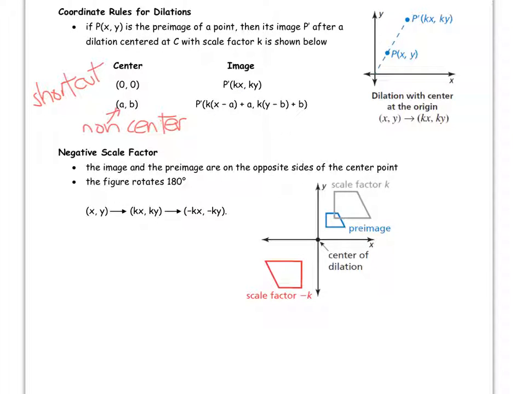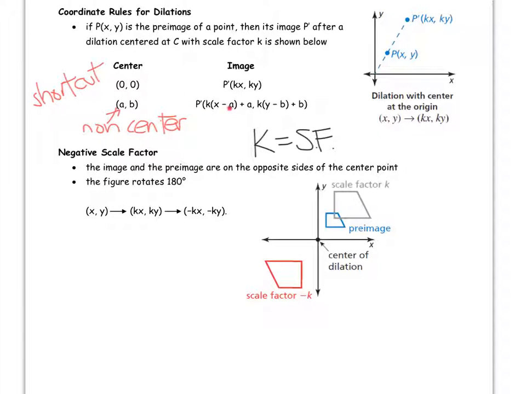So remember, K here is representing scale factor, okay? So all you would really do is take your scale factor and multiply by your x value, and then take that same scale factor and multiply by your y value, and that will give you your P prime, your new point, okay? And that's with the center of dilation being at the origin.